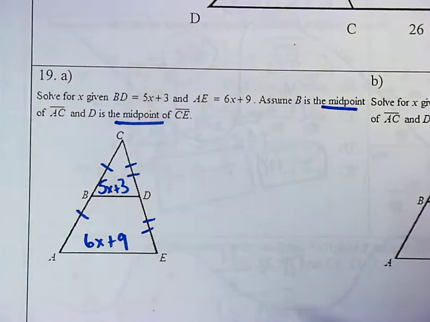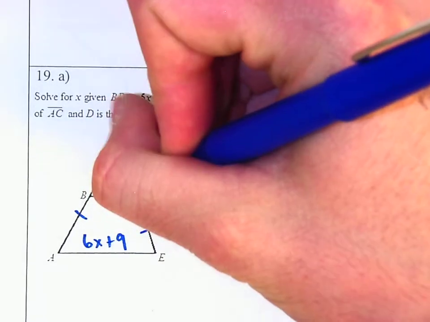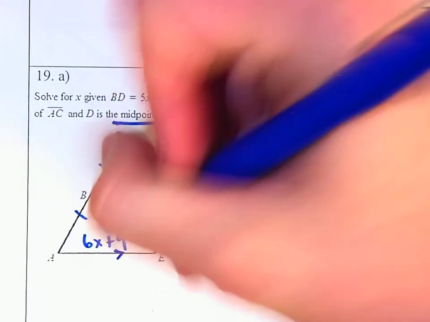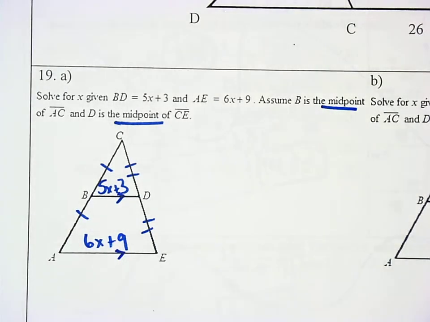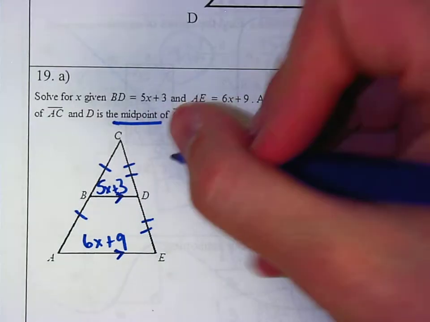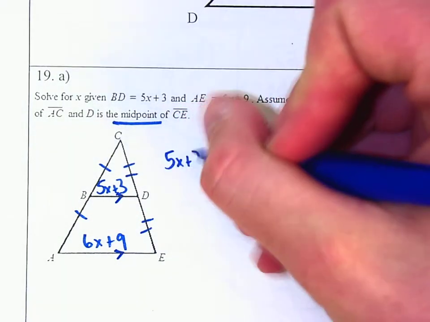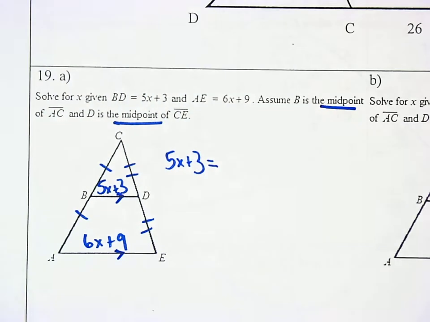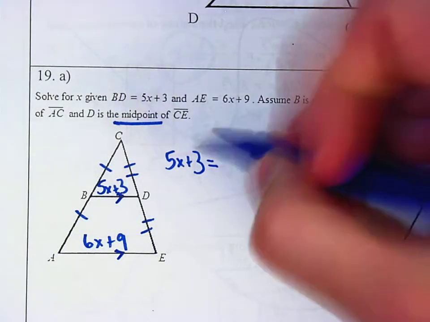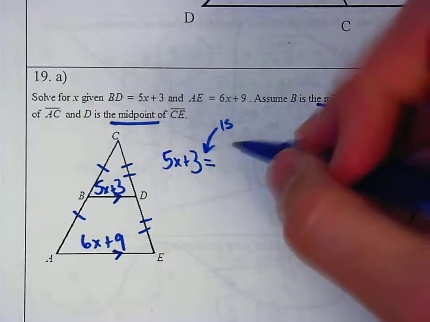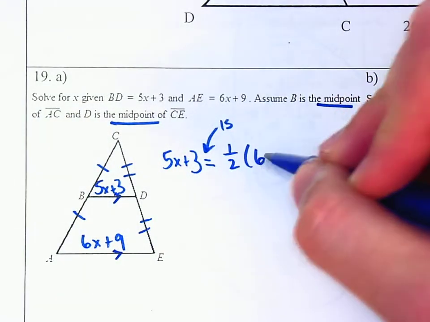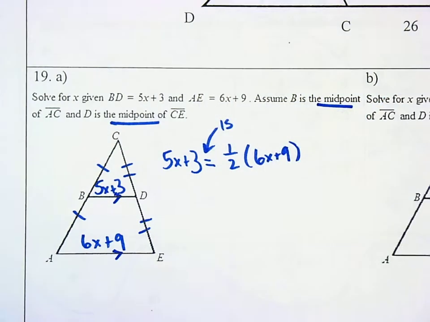The first thing we know is that they are parallel to the remaining base, or the remaining side, and they are 1/2 the length of that side. In other words, 5x plus 3 is, remember that that equal sign means is in math, 1/2 of 6x plus 9.